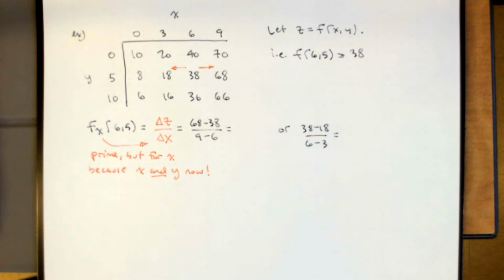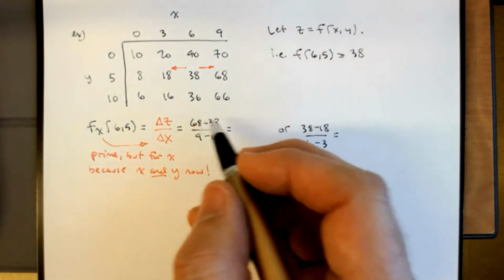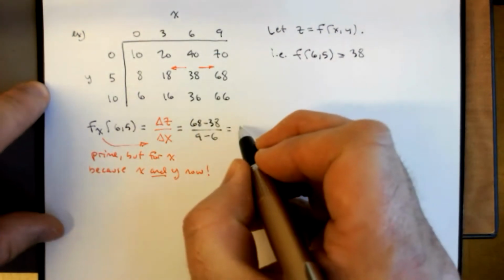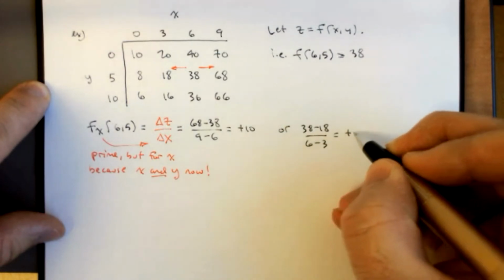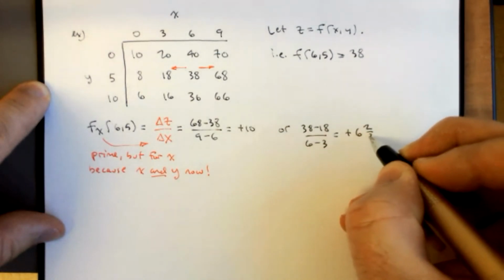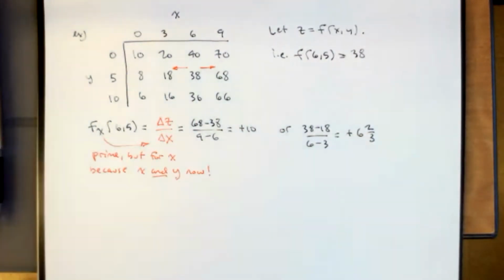So I either have an increase of 30 over 3, so 10, or 6 2/3. So z is increasing by somewhere between 6 2/3 and 10 in the x direction at the point 6, 5.